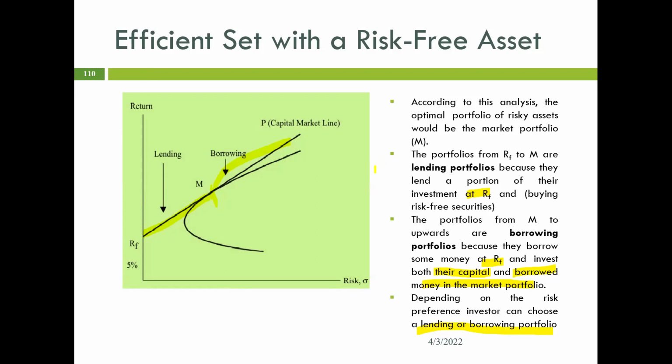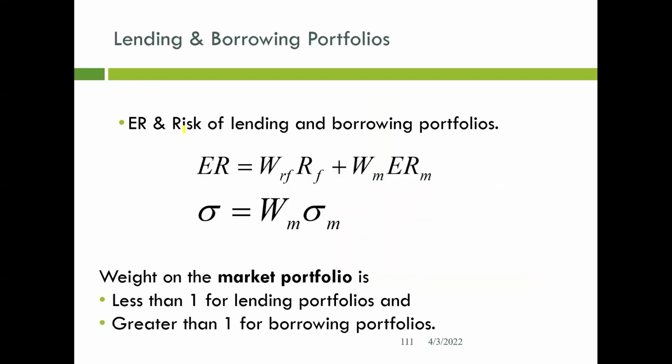Right. Okay. So the expected return and risk of the lending and borrowing portfolio you can calculate using this formula. As I showed you earlier, the expected return is the weight on risk-free times the rate of return on the risk-free investment, plus the weight on the optimal market portfolio times the market expected return.